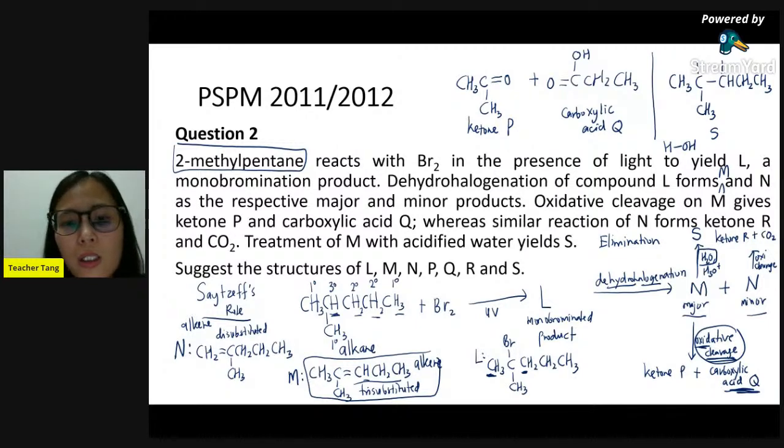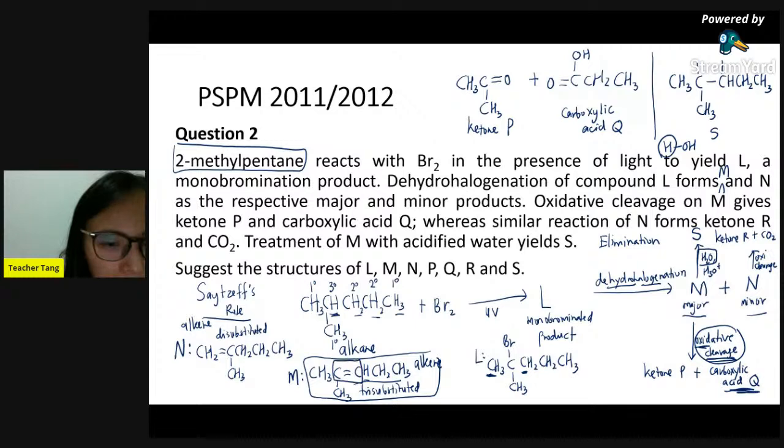What does Markovnikov say? Hydrogen needs to go to the carbon that has more hydrogen. Can you see that the third carbon has one hydrogen? The second carbon has none. So the third carbon has more hydrogen. That's why the hydrogen of the water must go to the third carbon, and the OH will go to the second carbon. So this is your S.